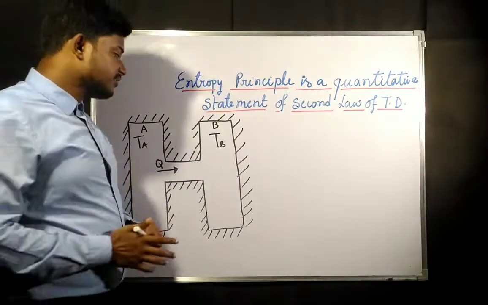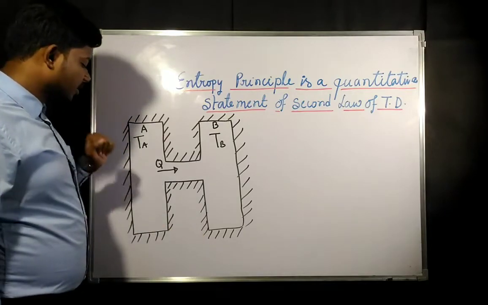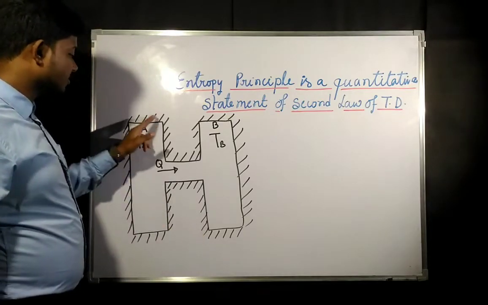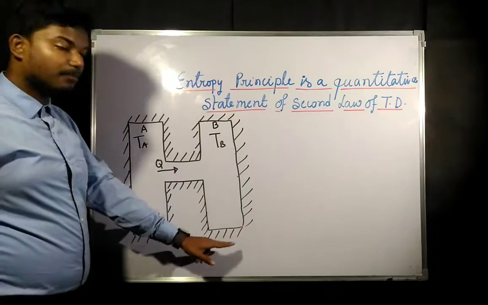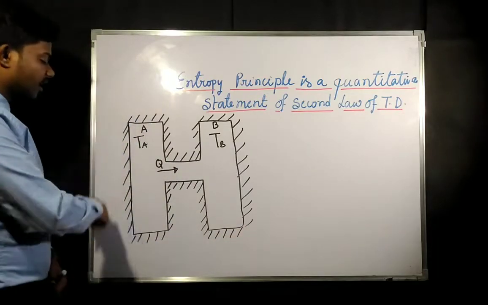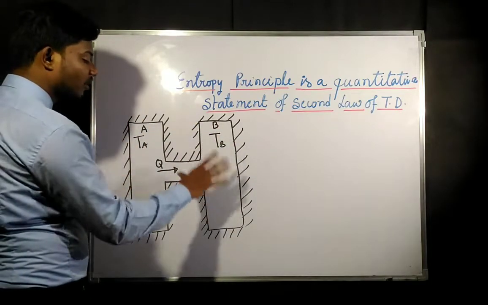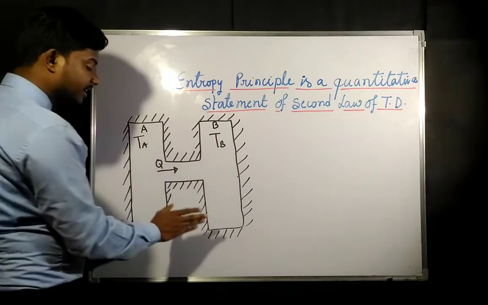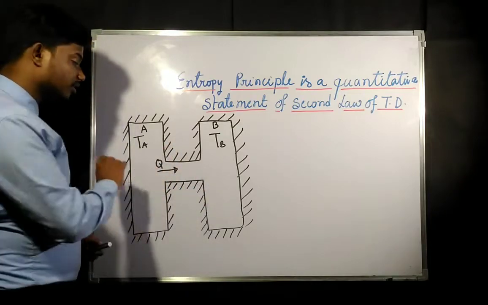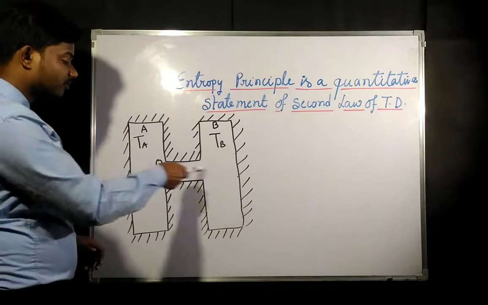To understand this, we have considered an isolated system here. How has it become isolated? Because there is no leakage in the boundary and the boundaries are completely insulated. Since it is insulated, no heat transfer can take place, and work transfer cannot take place because there is no shaft.